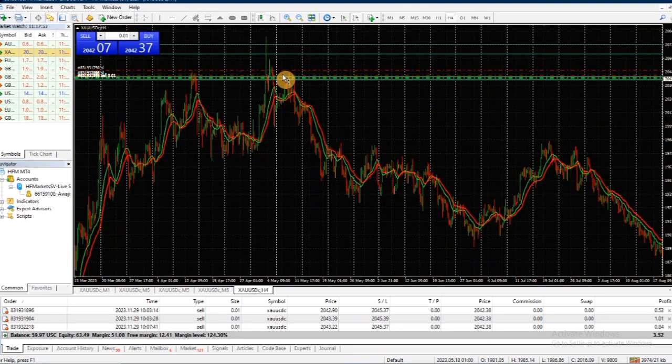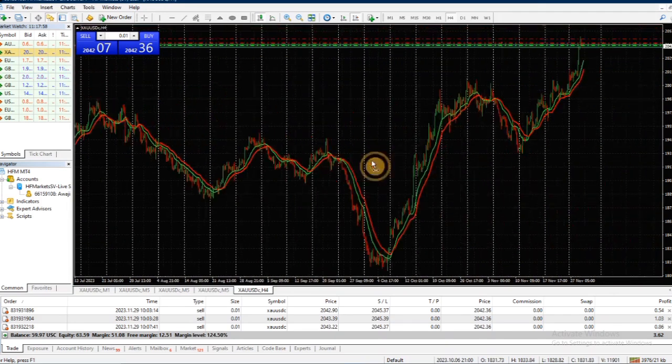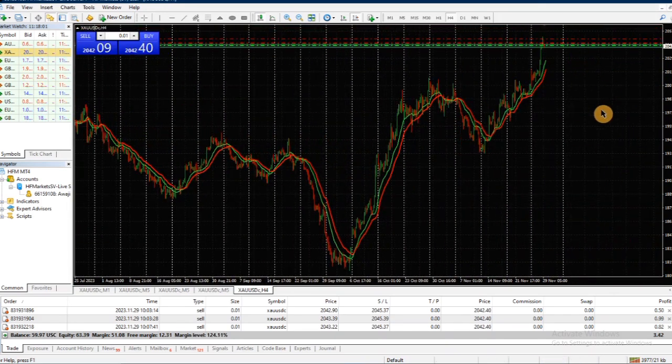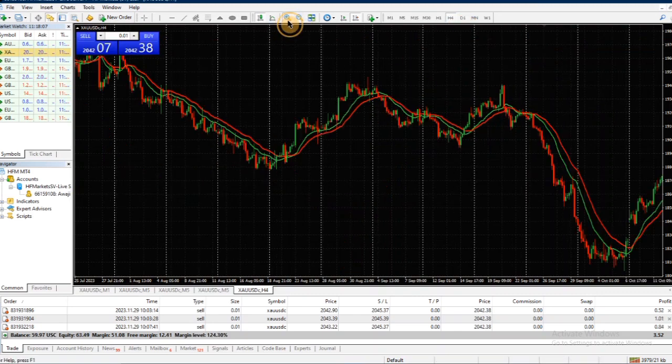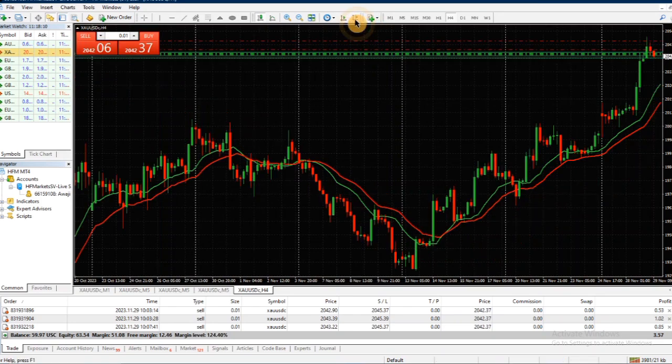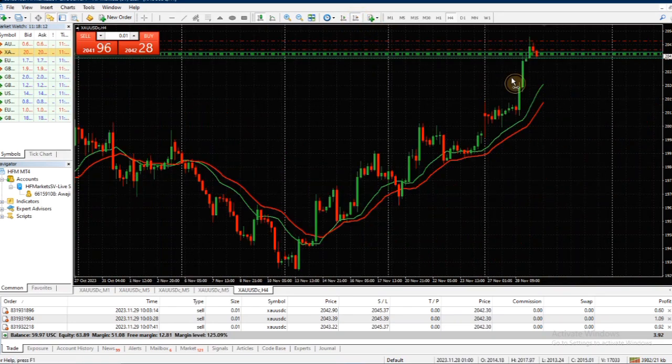You can see that this one actually tested and the wick broke through. So definitely, if the news drops today and it happens to be negative news, that will push the market to test or even break through the zone.